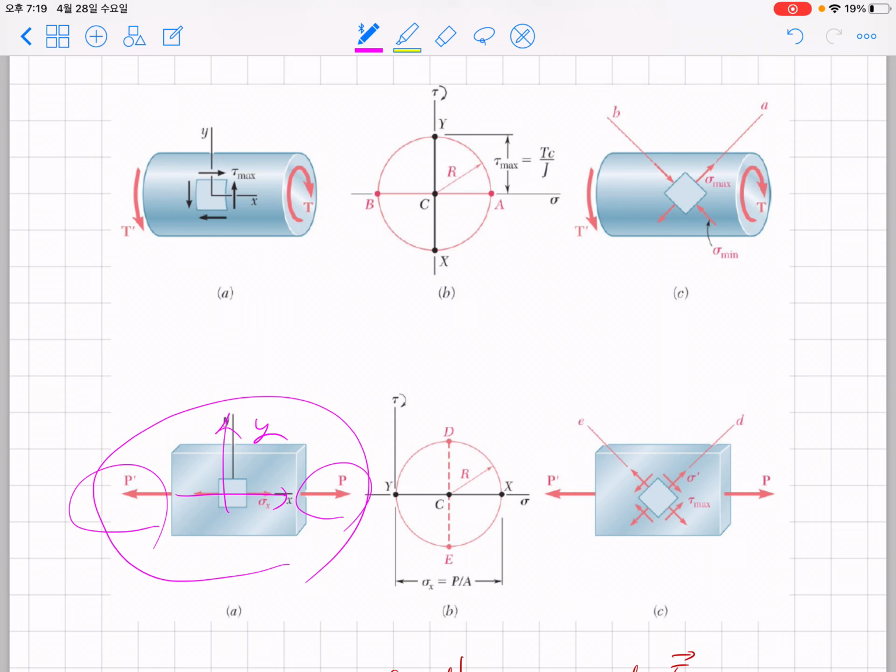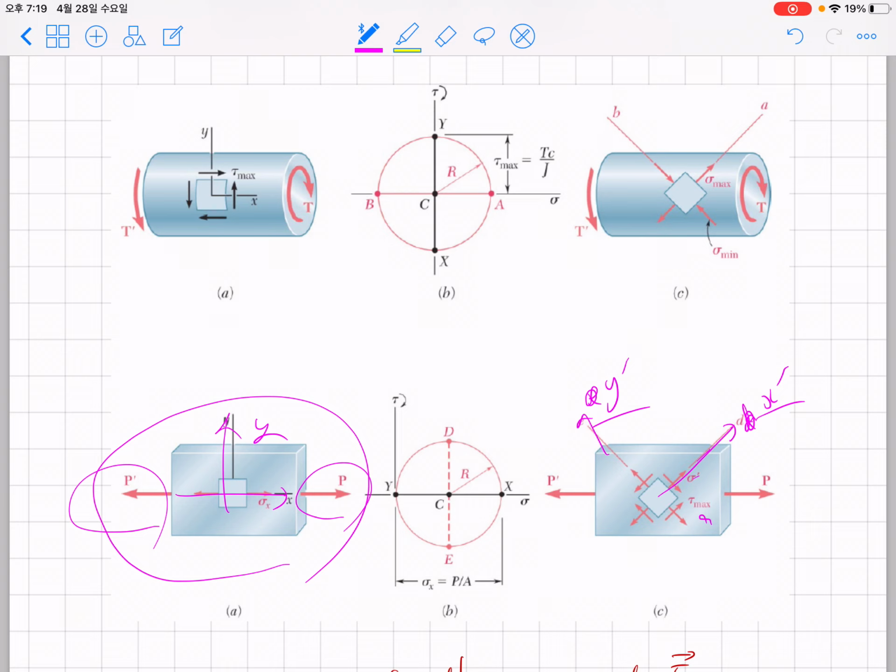However, for the exactly same loading, instead of the xy coordinate, if you take a different coordinate, or to be consistent with your general calculus course, if you take x prime y prime axes, even though we are considering exactly the same stress state, with respect to the x prime y prime coordinate system we're gonna have a mixed normal stress and shear stress state.